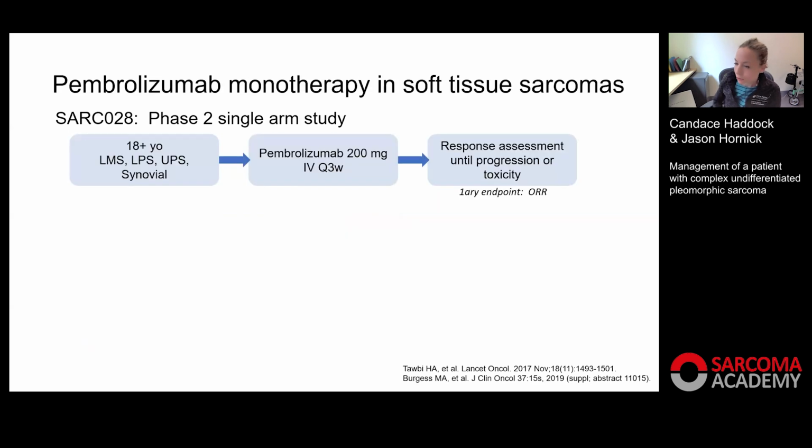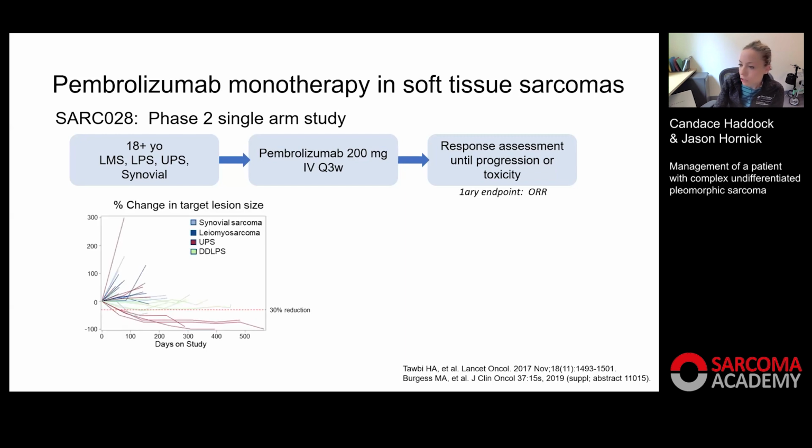And this group is well aware, SARC-28 was the first to look at pembrolizumab monotherapy in soft tissue sarcomas. This enrolled 4 histologies: leiomyosarcoma, liposarcomas, UPS, and synovial sarcoma. And in the initial data, it was clear that UPS was special.